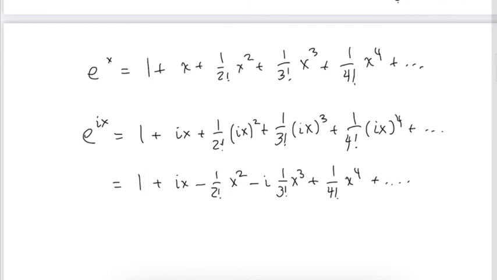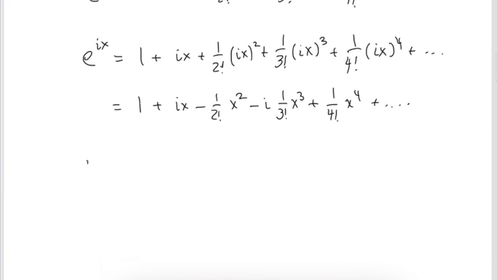Right? And now, actually, I do have the signs alternating in the way a sine and cosine would. And if you split apart the odd terms, they look like ix minus i 1 over 3 factorial x cubed plus the next one would say i 1 over 5 factorial x to the 5, right?